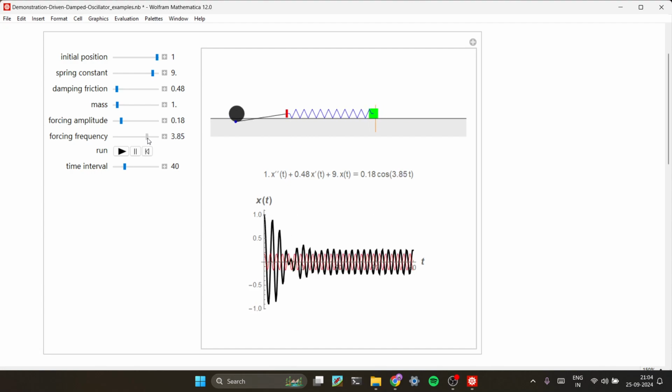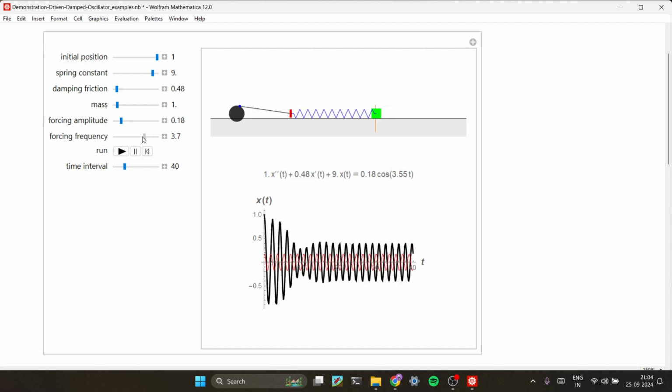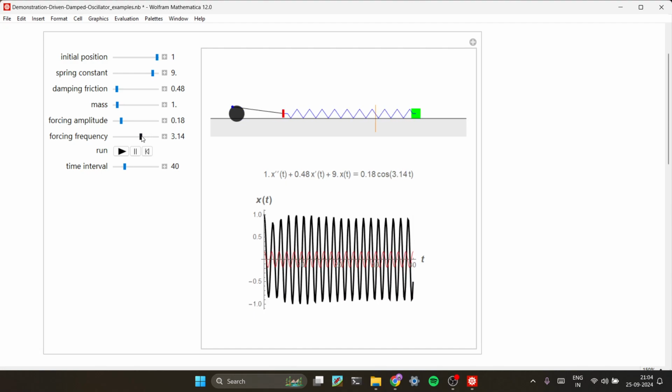And if you go back from 3, more than 3, the amplitude is decreasing. So near 3, there is a resonance, a large increase in the amplitude of the system, right? This is known as the resonance. So you get the three kinds of systems, right?